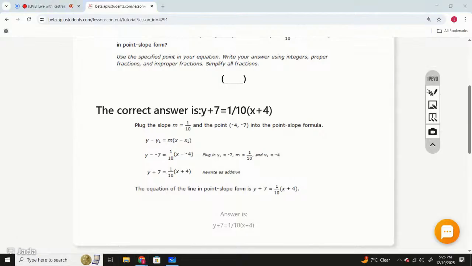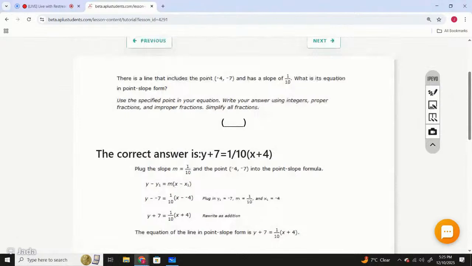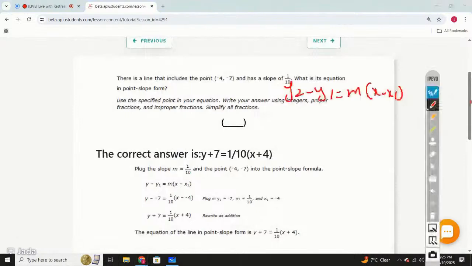The point-slope form is y minus y1 equals m times x minus x1, right? We are given the point and the slope, so just put in the point and the slope. The point is x is -4, y is -7.